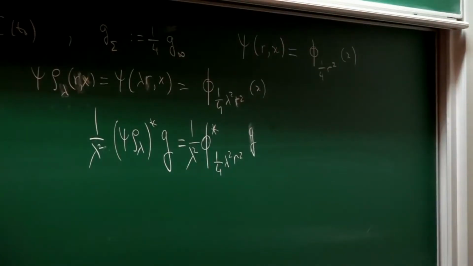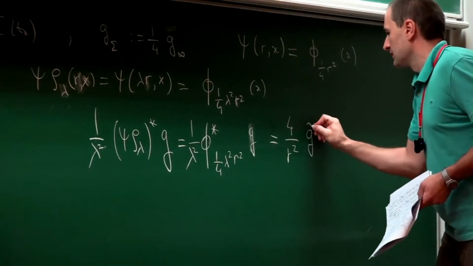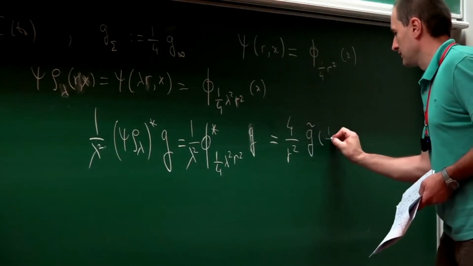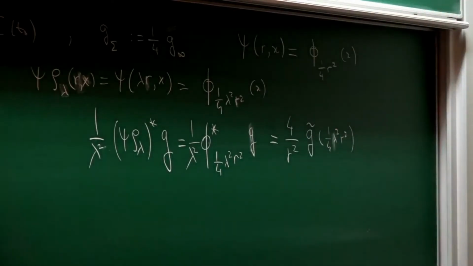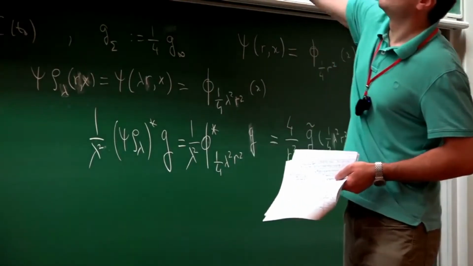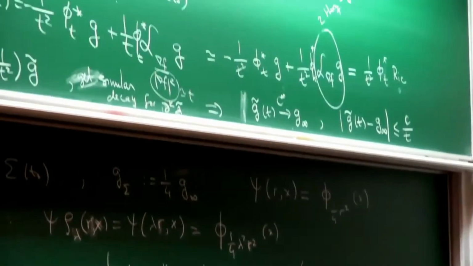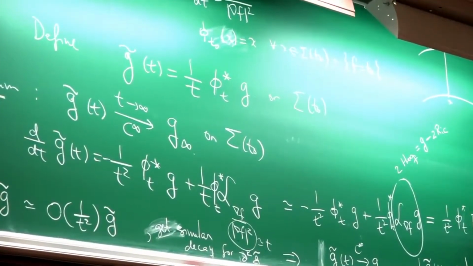So this is very related to G tilde. It's exactly G tilde, but I still have to divide by 4 over r squared. By the definition of G tilde, I have exactly that. I'm wrong, it's r squared over 4.